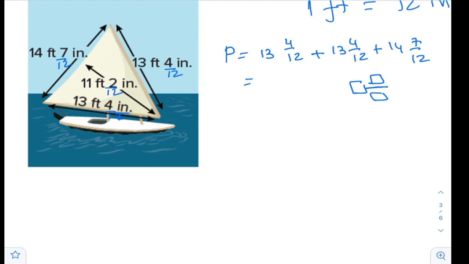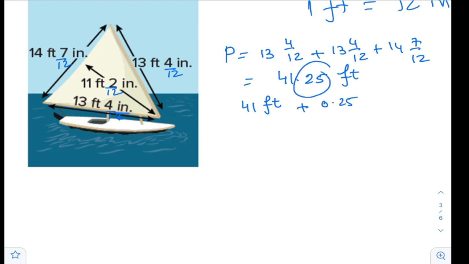It will give us 41.25. 41.25 feet is equivalent to 41 feet plus the 0.25 feet. 0.25 of the 1 foot is 0.25 times 12, because 1 foot is 12 inches.